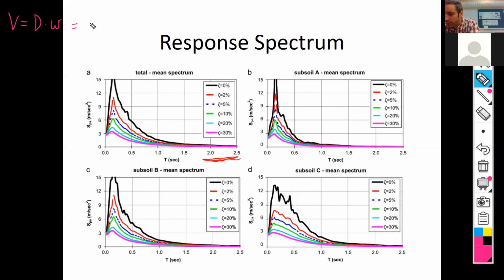But omega is 2 pi divided by the period of the structure. So when T gets very, very large, we are dividing by a very large number, and so everything is getting smaller and smaller. And that's what we see here.